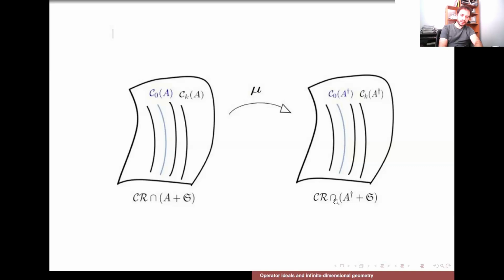Now we have here the set of perturbations of the operator A dagger. So when we restrict our map to these lines, which are indeed Banach manifolds, our map mu turns out to be analytic with an inverse that is also analytic.